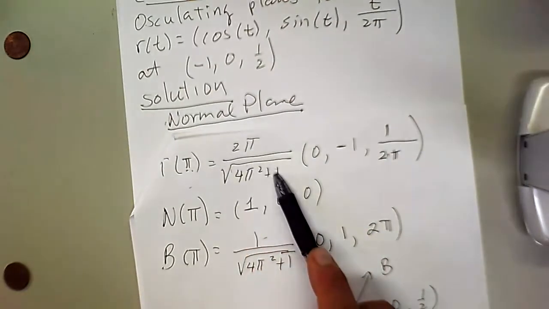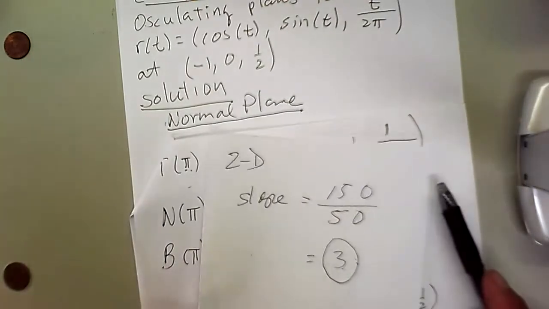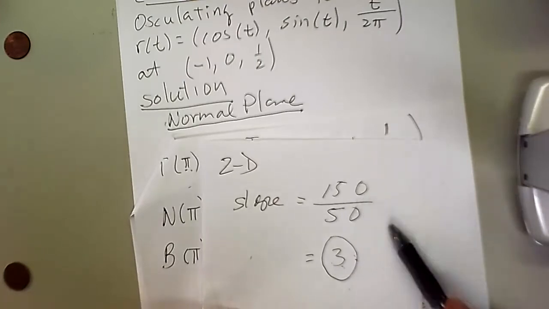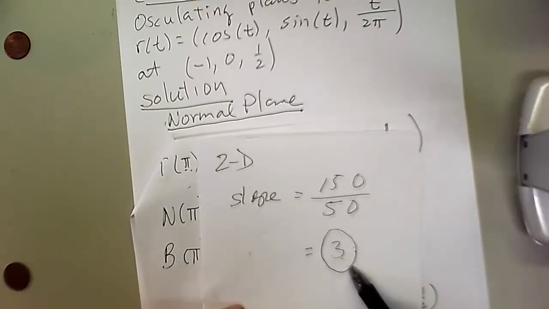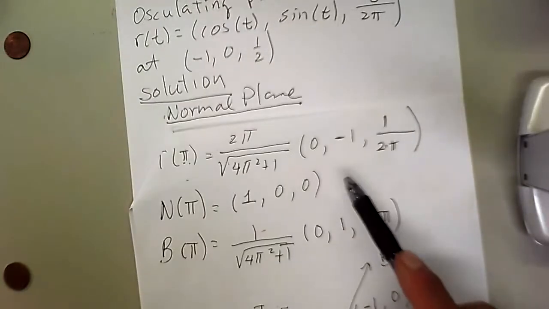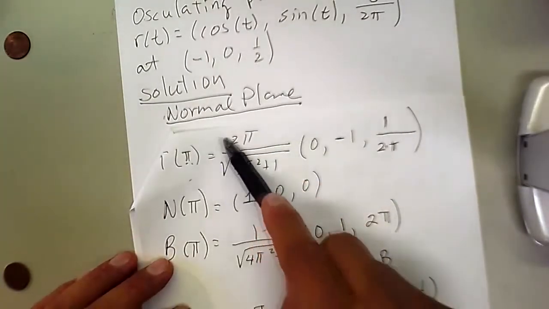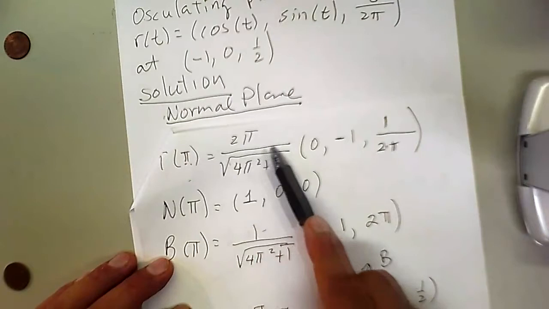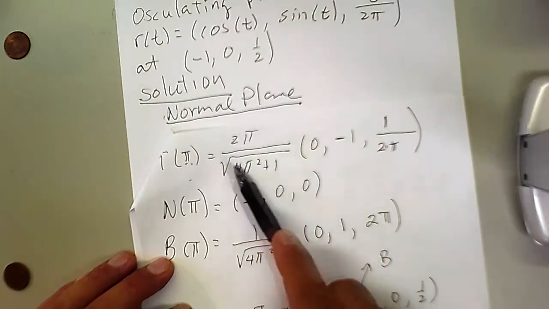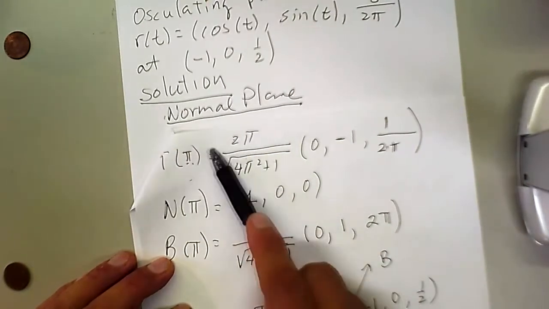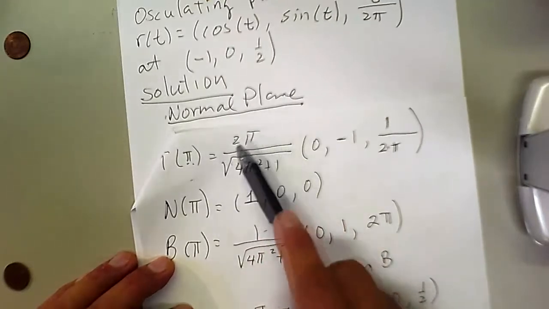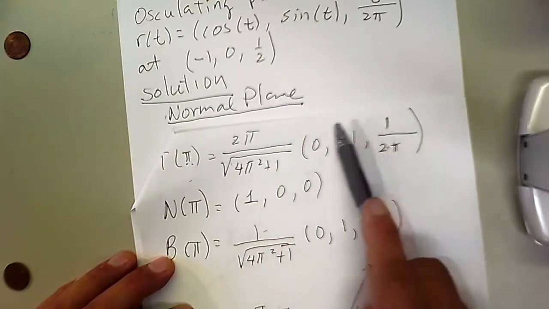Neglect that, just like in 2D, neglect the 150 over 50, even though we're going to keep its value, 3. Here we're going to neglect that because all it does is make it longer or shorter. It's not really making a change in the direction. If there was a negative, we could still make use of that. So we're going to use only that.